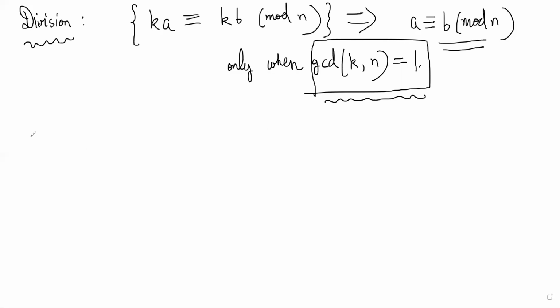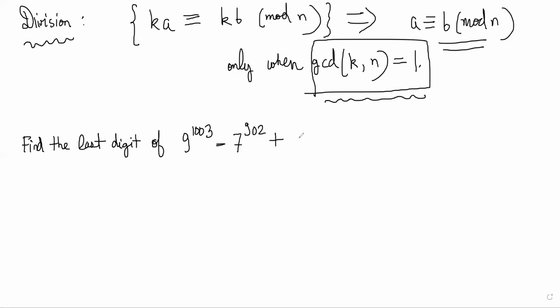Now let's use these properties to check out some questions. For example, find the last digit of 9 power 1003 minus 7 power 902 plus 3 power 801.